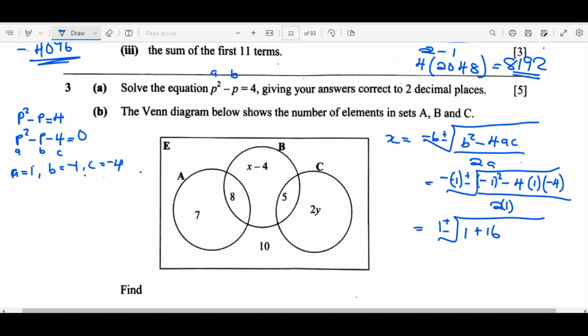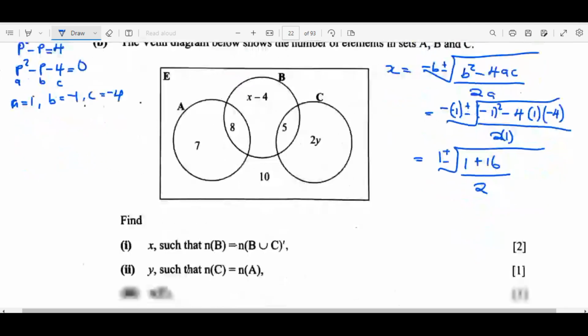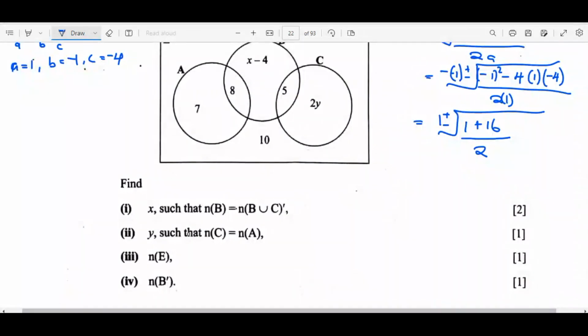And then over 2. So in that case we can say 1 plus or minus, and then we add, so we have the square root of 17 over 2.